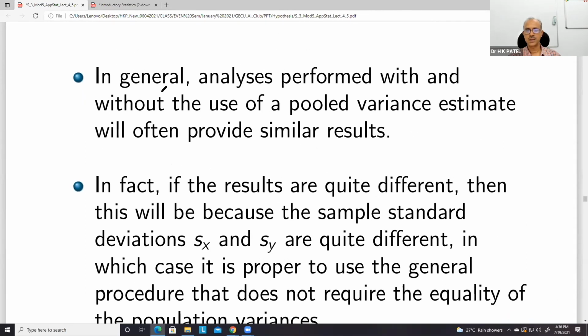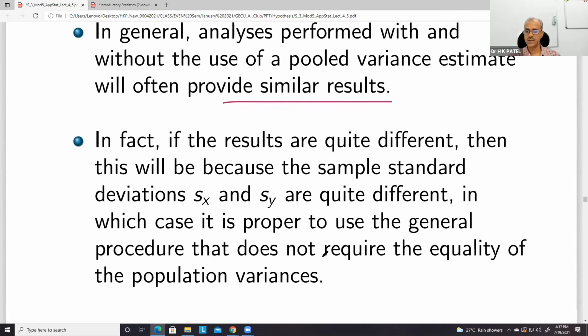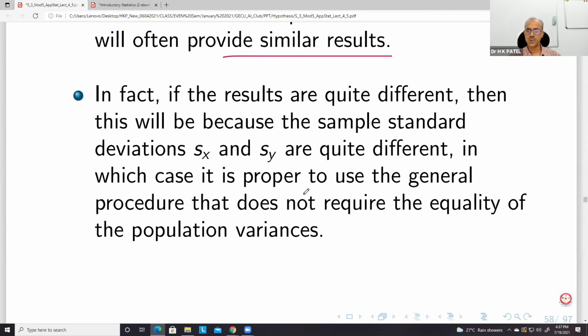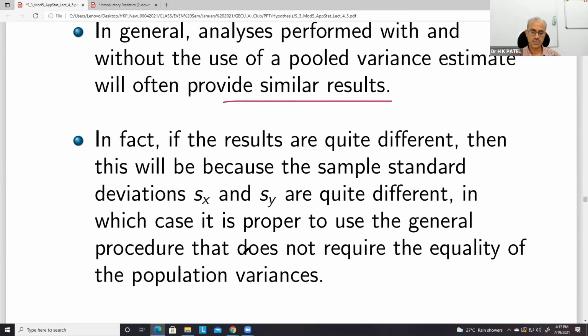What the third point says is that it provides similar results. But if the results are quite different, this will be because the sample standard deviations Sx and Sy are quite different, in which case it is proper to use the general procedure that does not require the equality of the population variances.